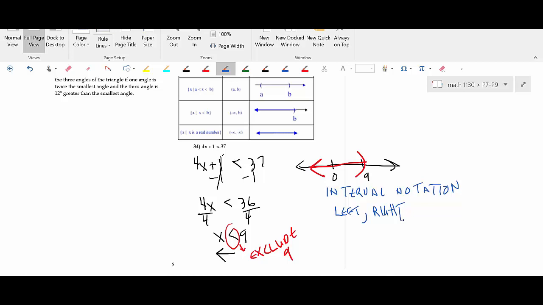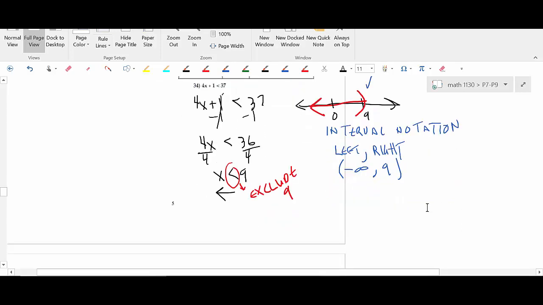What's the symbol for forever that way? Negative infinity. Comma, then it ends that way. So if you're forever to the left, then your interval notation is going to go like that. You have a parenthesis, negative infinity, comma, ends in 9 like that. Okay, you guys remember that? You want to be totally solid on that. That's incredibly important in this class and in calculus, okay?